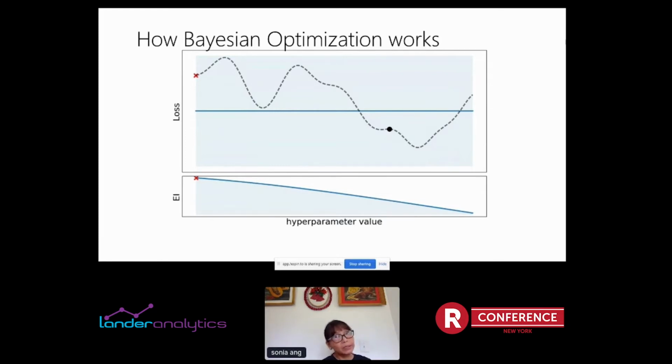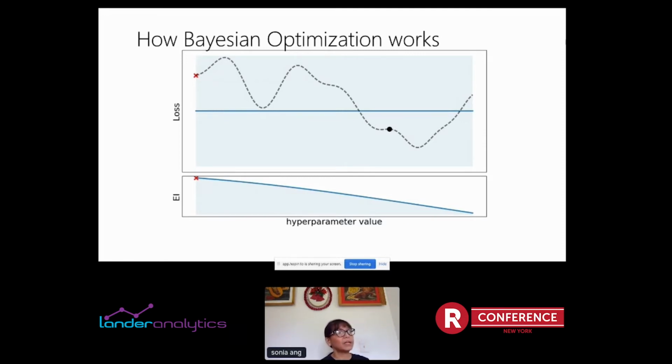But random search and grid search do not take into account past performance when determining new hyperparameters to evaluate. So Bayesian optimization is a much more efficient method. Looking at this graph, how does Bayesian optimization work?